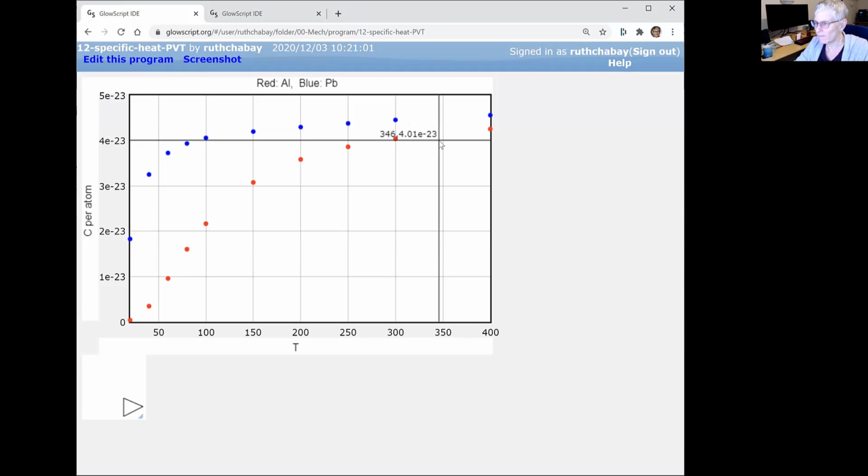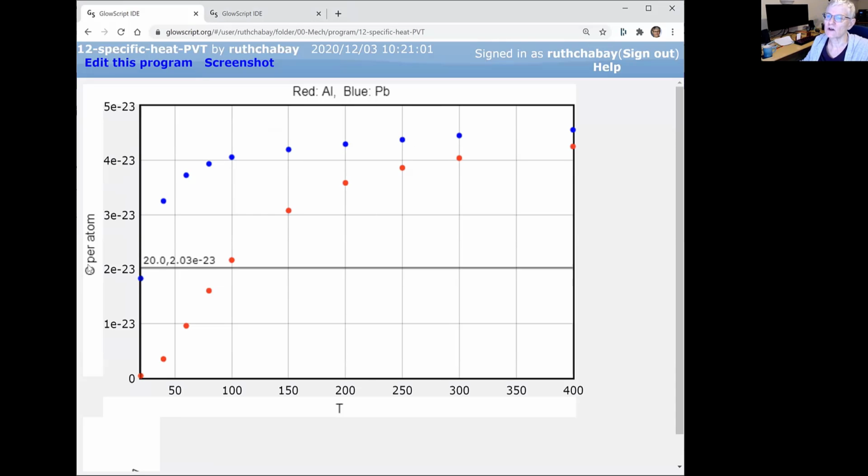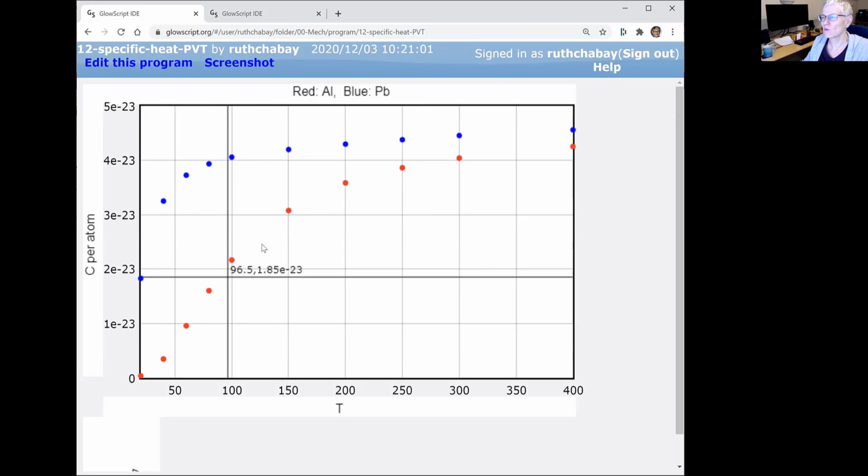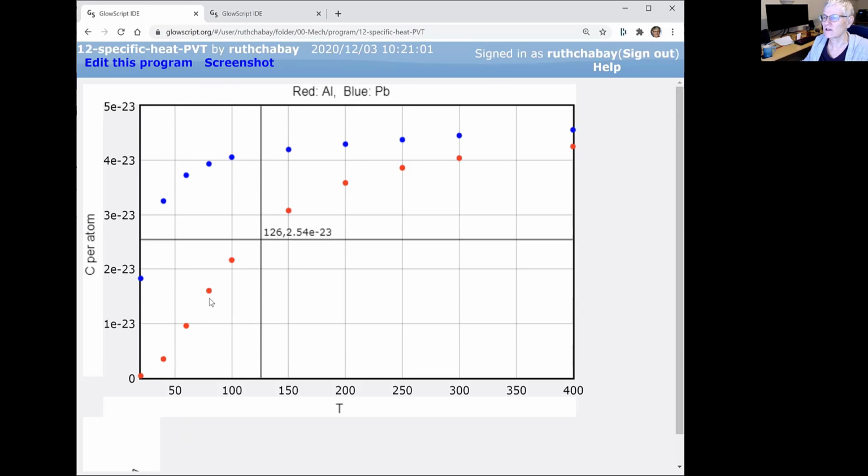When people were able to measure specific heat, this is on a per atom basis for solids, at temperatures lower than room temperature, down here, below 300 Kelvin, getting close down to, can't quite get to absolute zero, but close, they found that it went down hugely as the temperature went down.